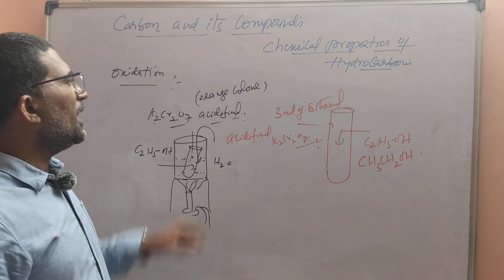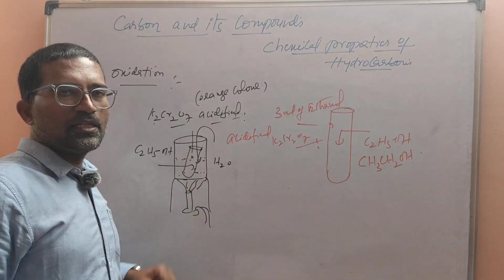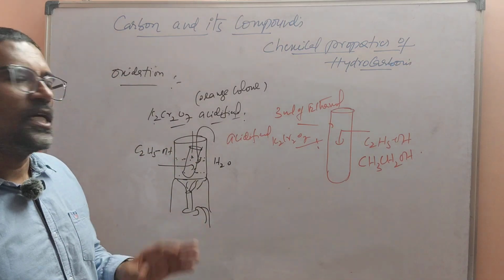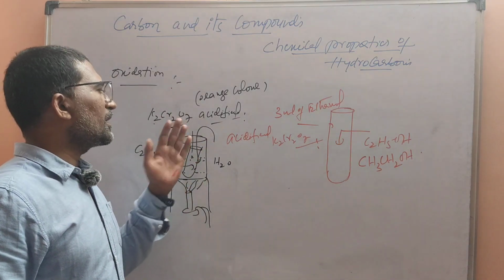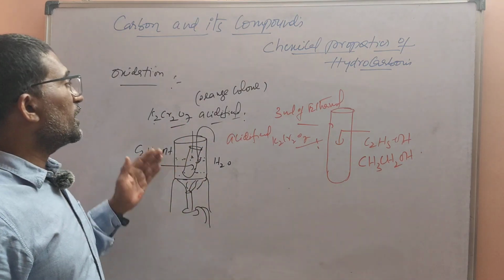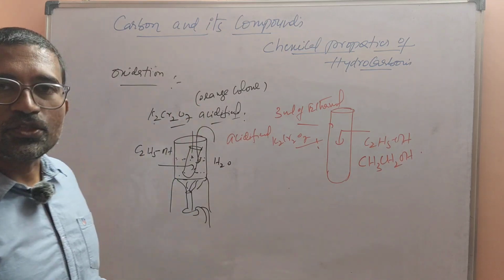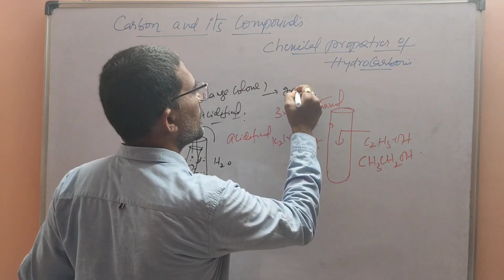When you add the acidified potassium dichromate, which is orange, drop by drop, slowly the color changes. Sorry, acidified potassium dichromate changes into a green color.